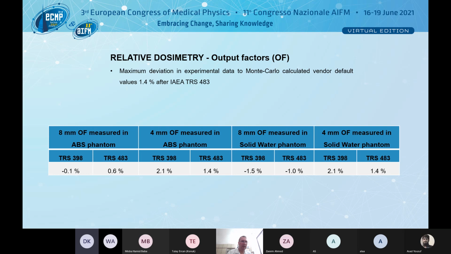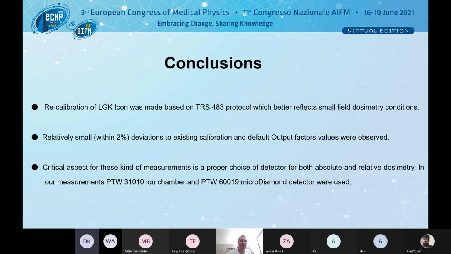So it brings me to the last slide, and it says that I personally would definitely suggest converting to TRS-483 if you haven't done so, and if you do have the technology in your center.